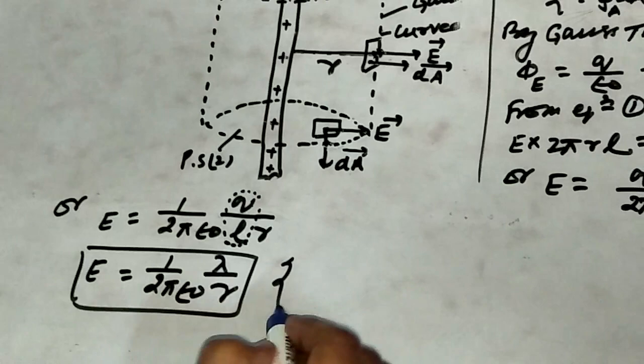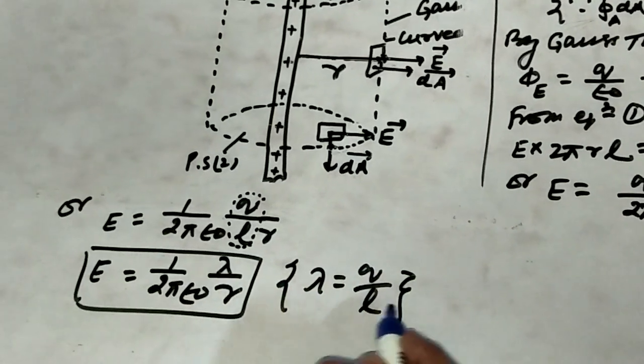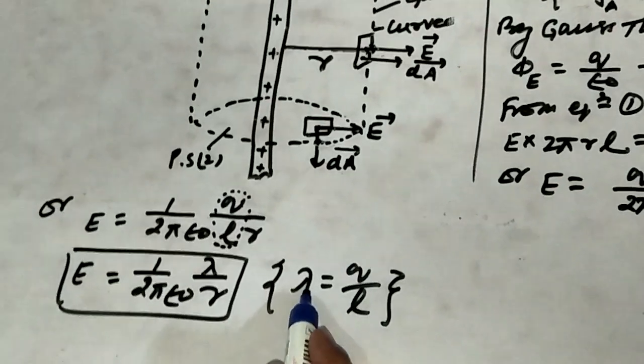And here lambda is equal to Q by L, and already I have told you lambda is the linear charge density.